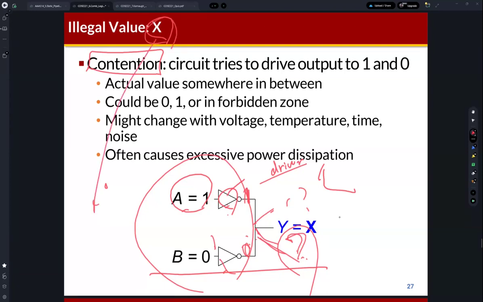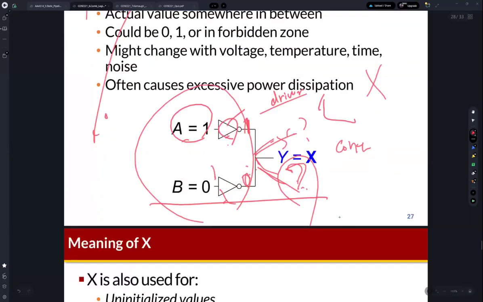X means that it's an illegal value, and it represents contention. This situation is called a contention. It means that the same node is driven by multiple drivers. You need to know that we must avoid this situation.